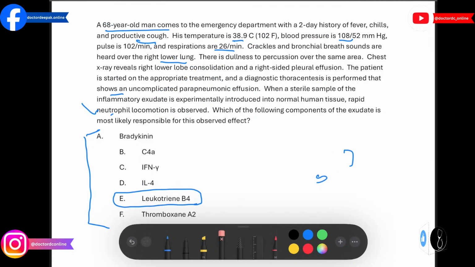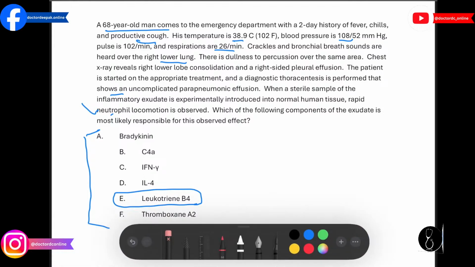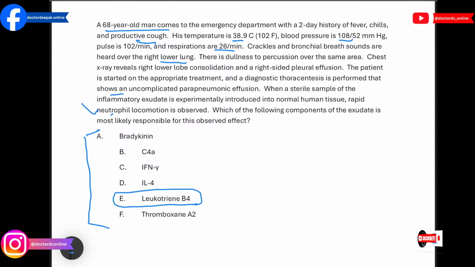It is about the parapneumonic effusion that occurs frequently in bacterial pneumonia as a result of exudative fluid accumulation within the pleural space.